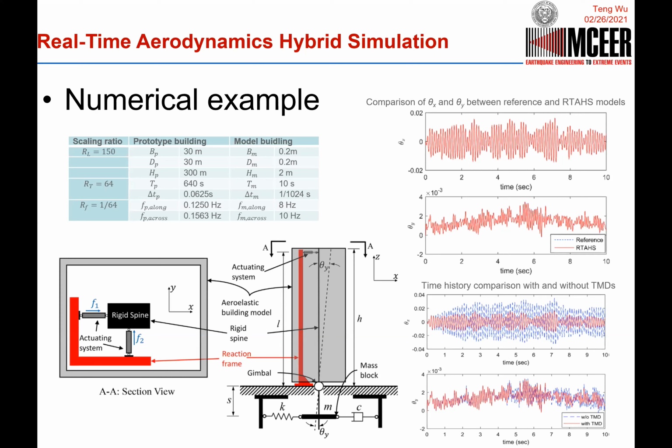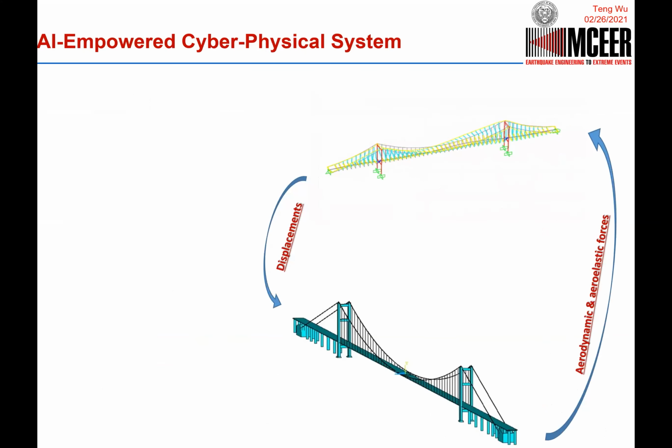So in addition to this real-time aerodynamics hybrid simulation, we also developed several machine learning-based tools to further enhance our cyber-physical system for wind engineering application. One tool is for this hybrid system.